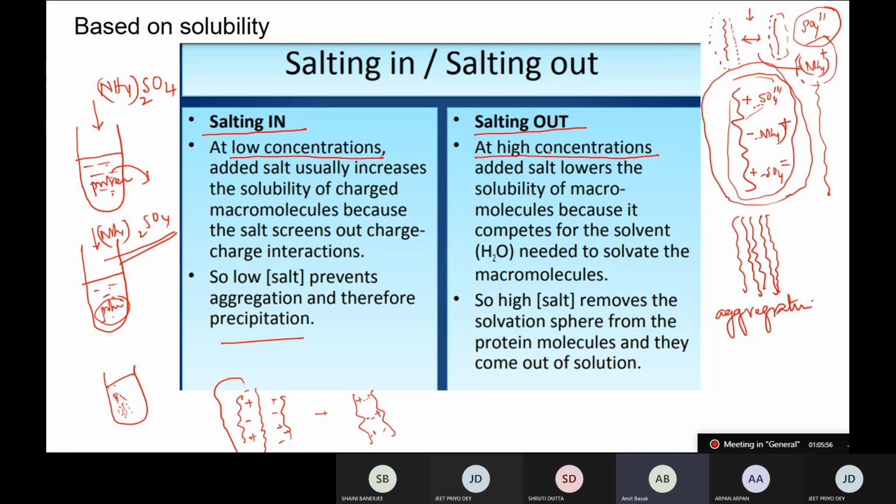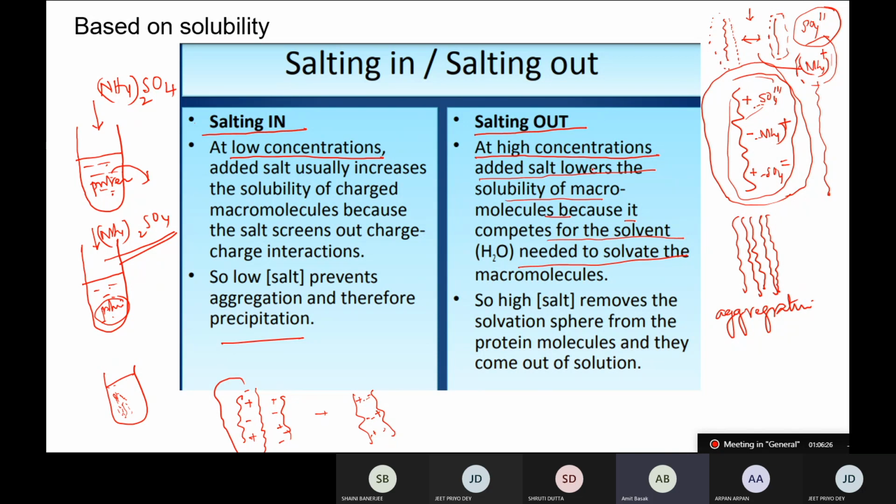what is said here. At high salt concentration, the added salt lowers the solubility of the macromolecule because it competes for the solvent. As I said, when ammonium ions are more, sulfate ions are more, then it will take out this water molecule, which was hydrating the protein molecule, and utilize that for solvation of both the ions, ammonium as well as sulfate.